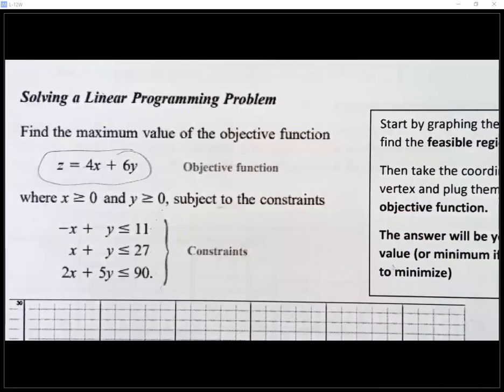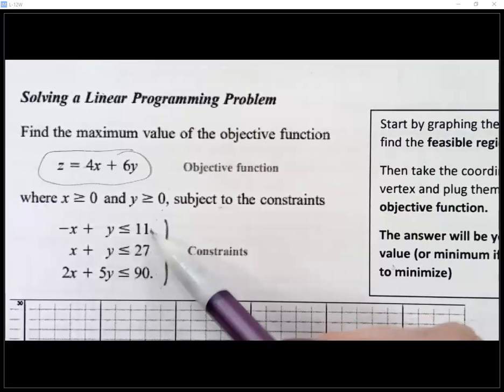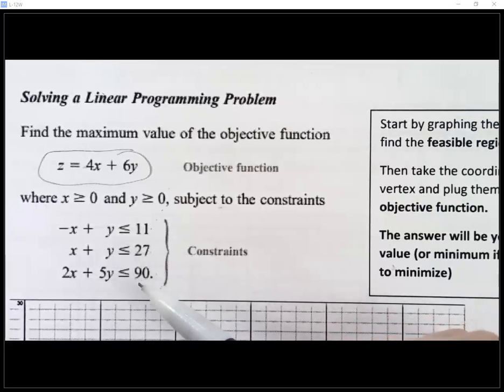Maybe you're sewing t-shirts and pants, but it takes longer to sew pants than t-shirts. If you only have so much time in the day, which one's going to be more profitable? Should you be making more pants or more shirts? Where are you going to make your most money? Those are the constraints. You would set up an inequality for each constraint that you have, whether it's actual materials, time, or whatever it is.